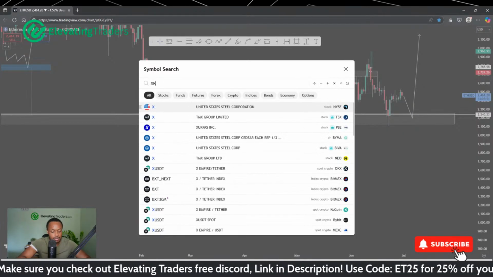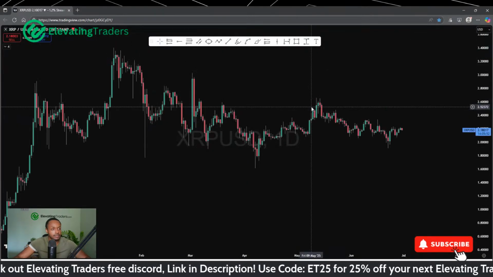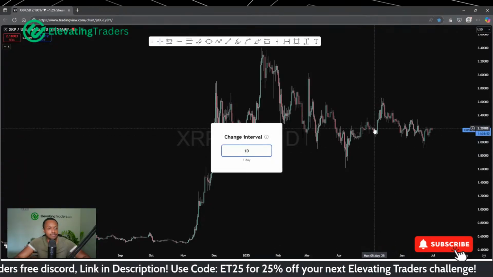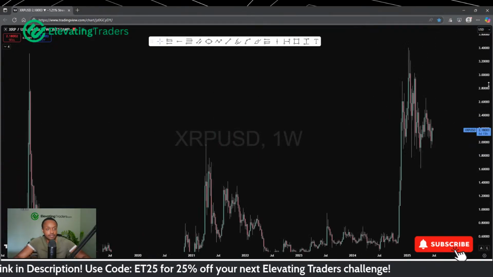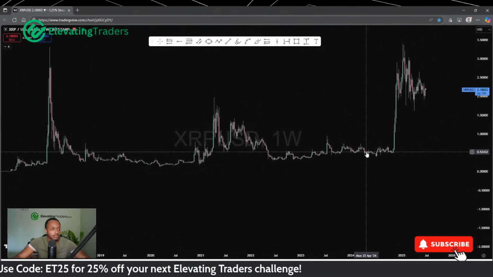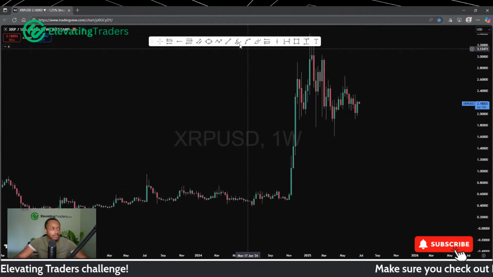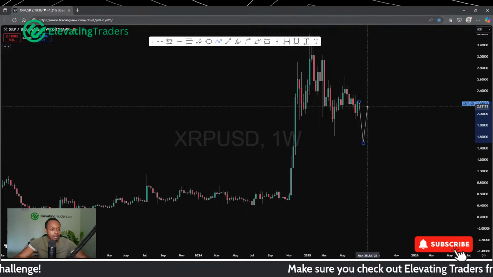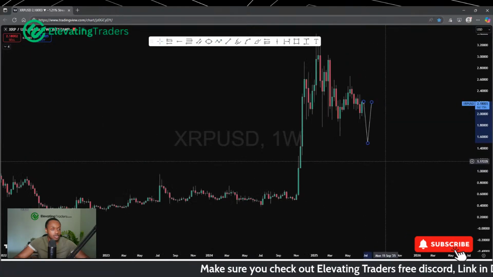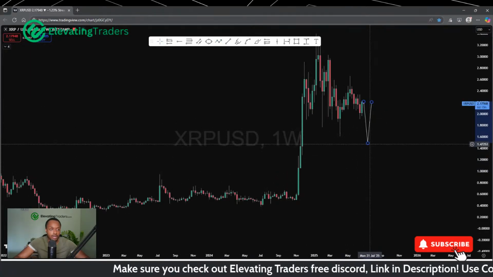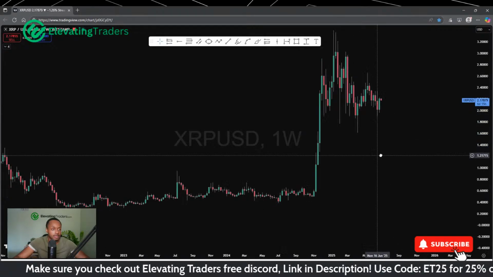How's XRP doing? Very, very flat. I mean, still relatively healthy, but I wouldn't be surprised if we do get another spike lower, which could be a good thing for buyers, but I feel like we probably will go through that.